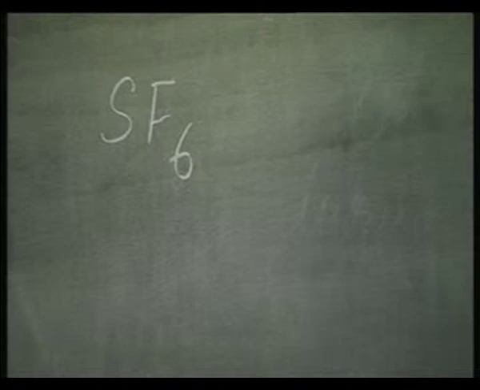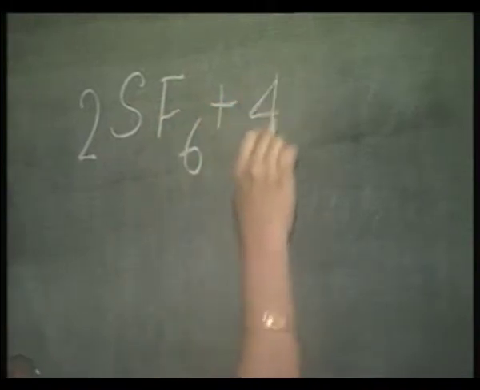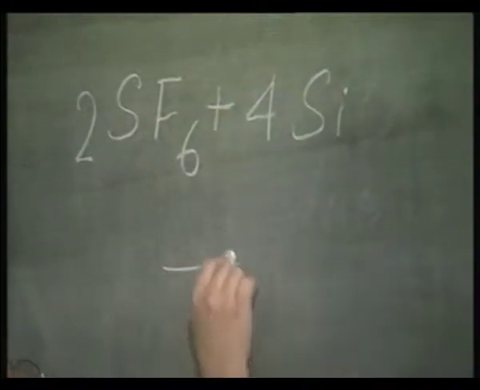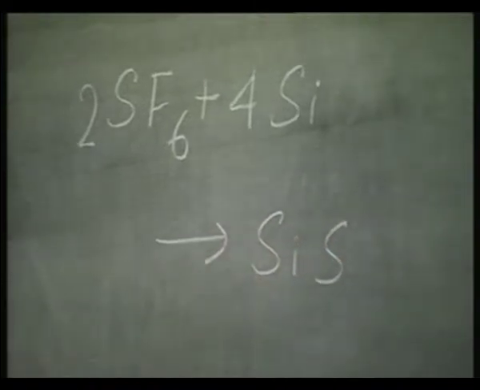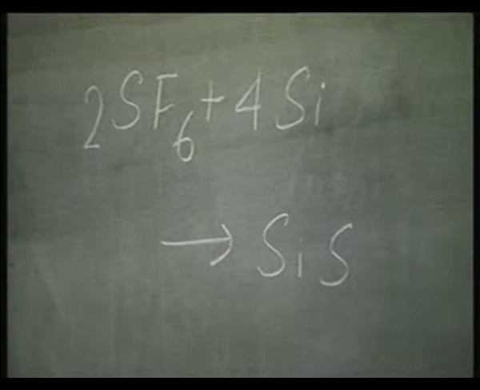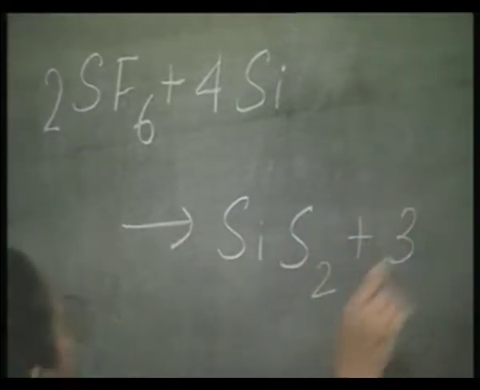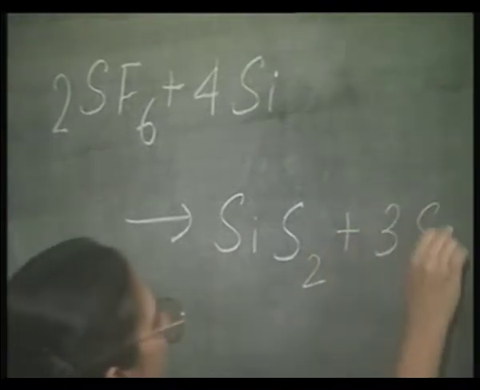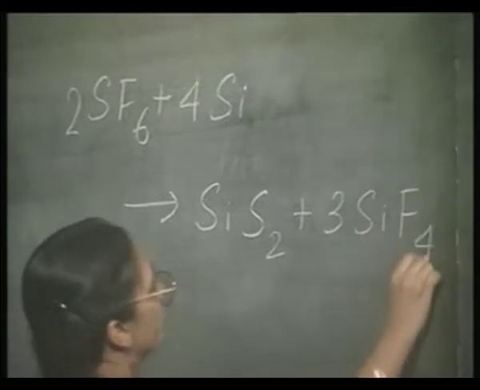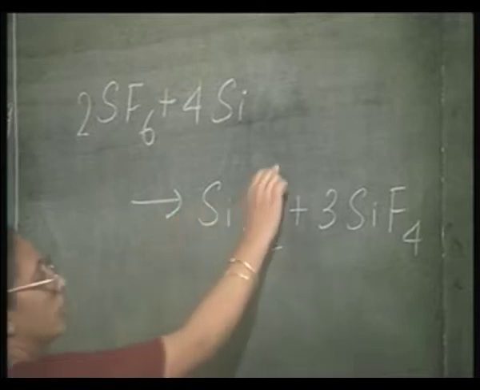Instead of introducing hydrogen chloride, you can put SF6 and silicon sulphide plus 3 SiF4. They are both volatile compounds.